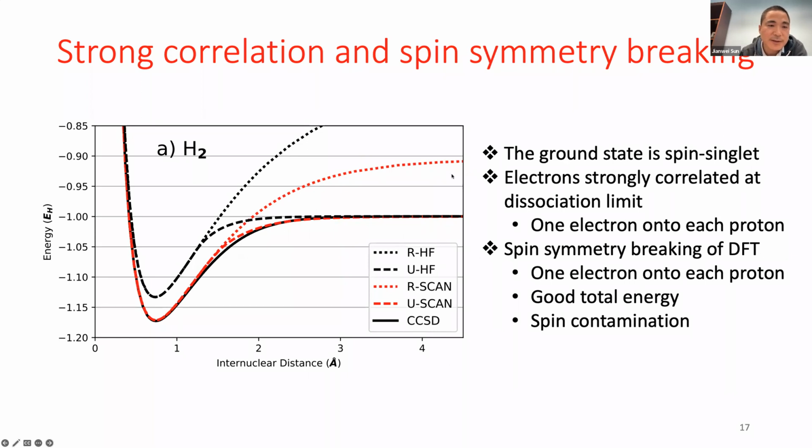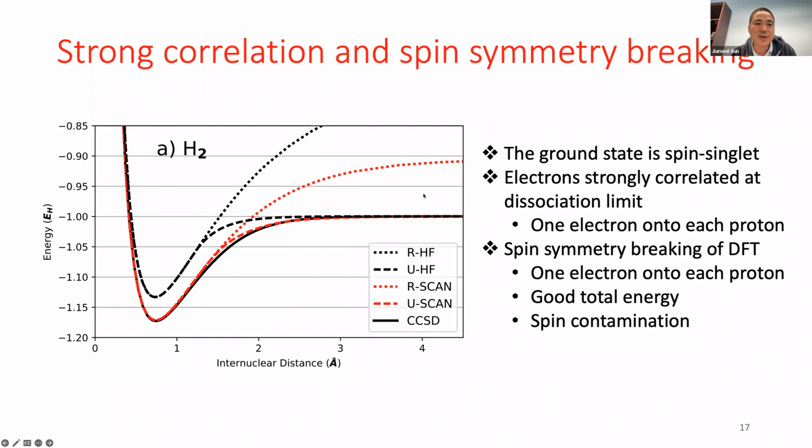So the dissociation limit. But if you allow the spin symmetry breaking, meaning that you only sample one of the spin configurations of the spin singlet, so spin down at the left and spin up in the right, then it's spin contaminated. But you can still write out the spin wave function for that as a single Slater determinant.